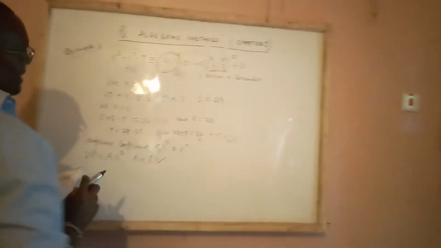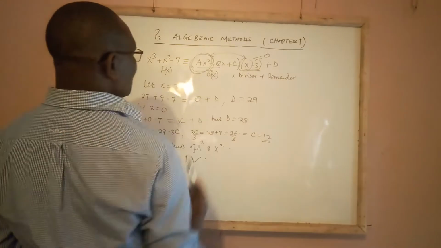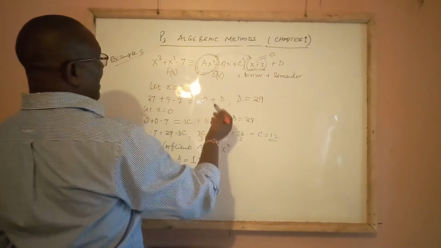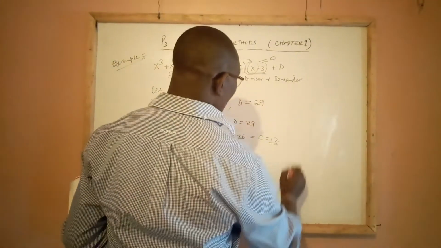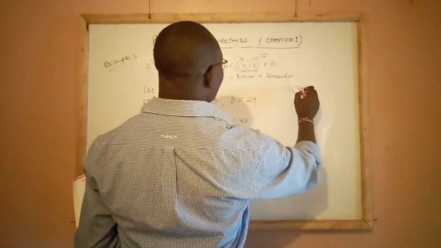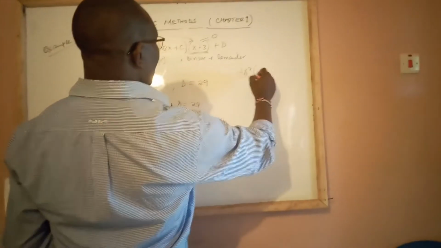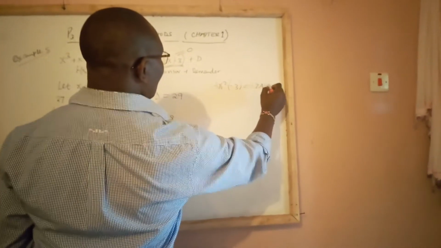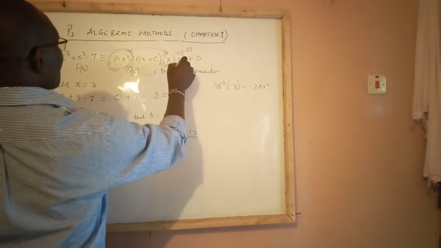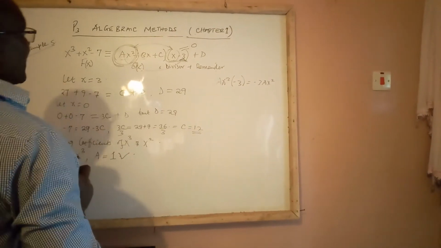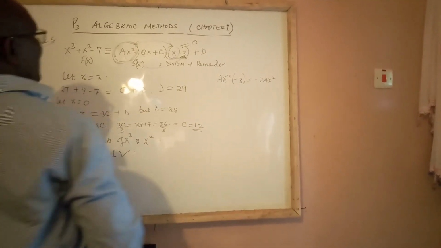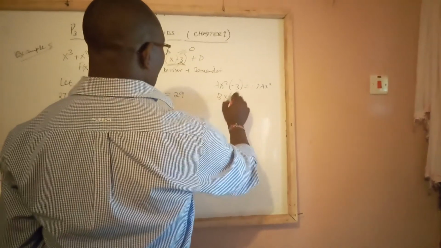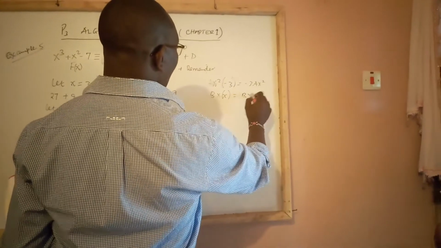There is something to be done as far as the coefficient of x squared is concerned. How do we get x squared? ax squared times minus 3 gives us minus 3ax squared. Another one that gives us x squared is bx times x, which is bx squared.